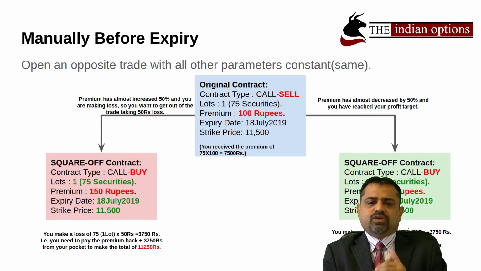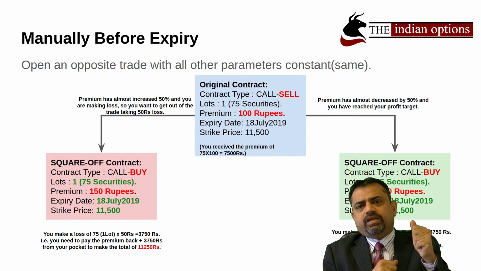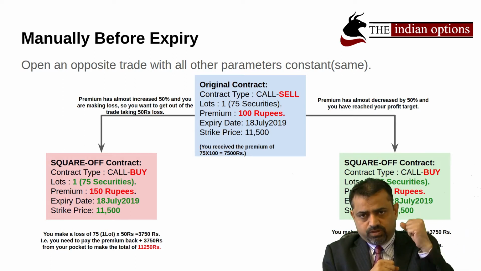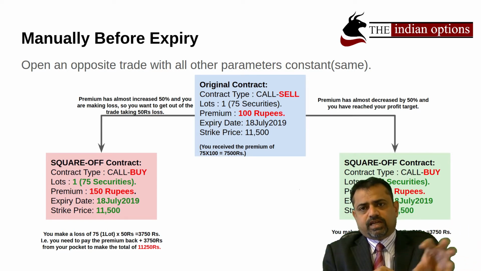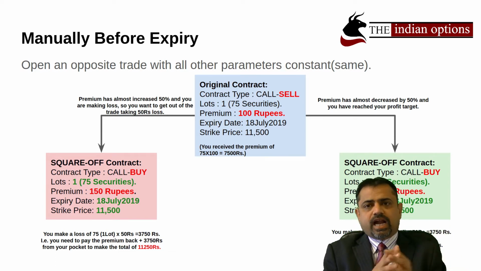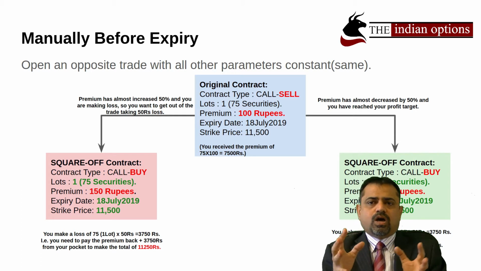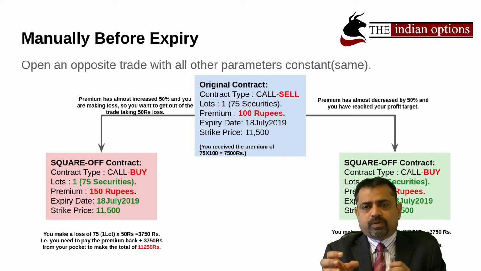In that situation you will need to pay your premium back, whatever you got, that was 7,500, and in addition from your pocket you will have to pay 3,750, that is 50 rupees multiplied by 75. So your broker is going to deduct 11,250 rupees from your account.